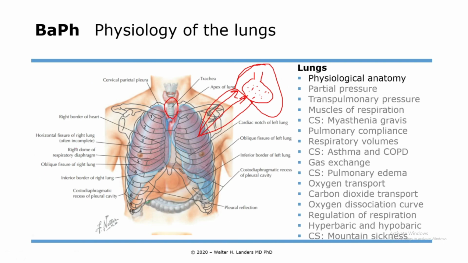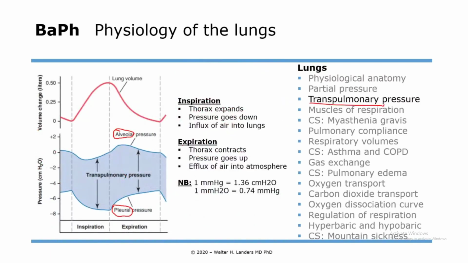If you see this blue thing, that's supposed to show a lung in full inspiration. But there's a little layer around the lungs, that's called the pleural sac. And this pressure is delivered by the pleural space.